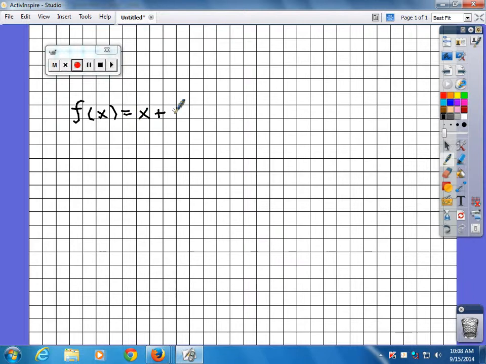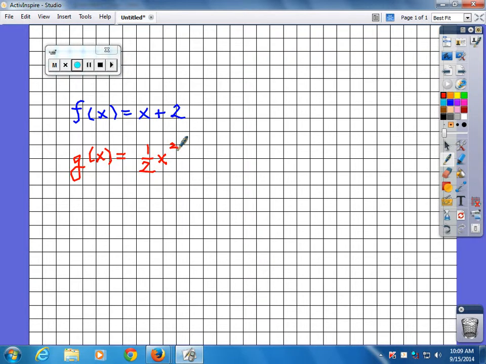We'll do that in blue. And we'll do the other one in red. G of x is equal to what? 1/2 x squared. Now give me the parameters on the blue one.